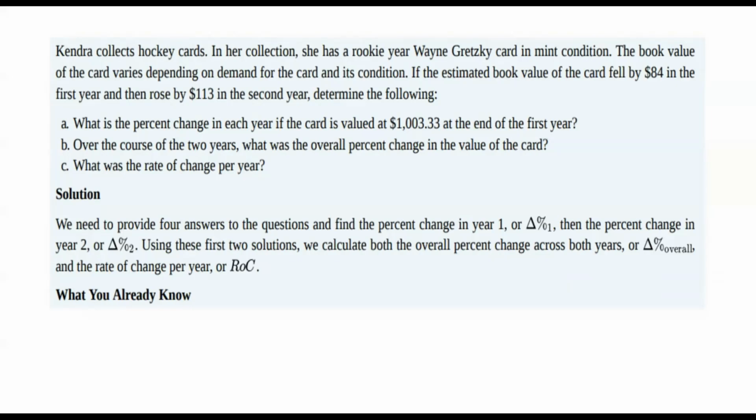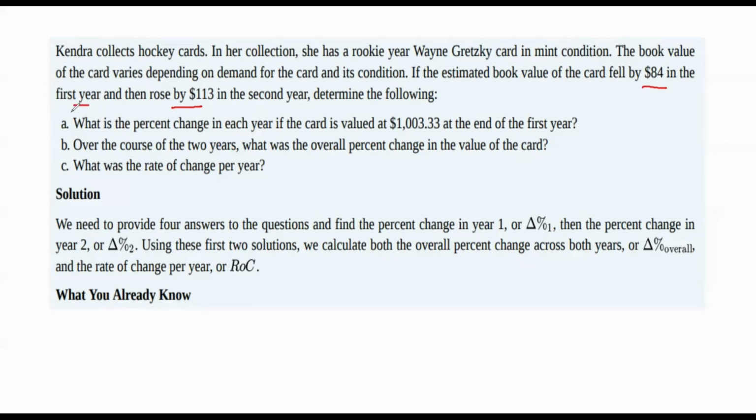It says the book value of the card varies depending on a couple of conditions. It says that the estimated value of the card fell in the first year, then rose by $113 in the second year. Stuff is happening.